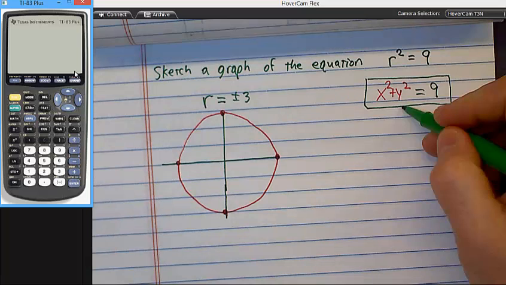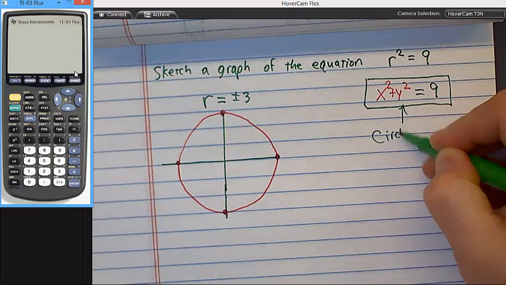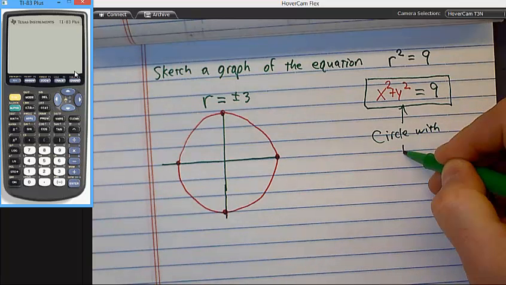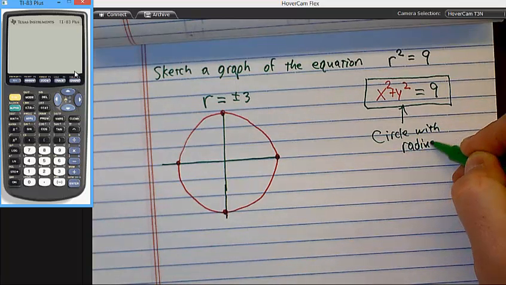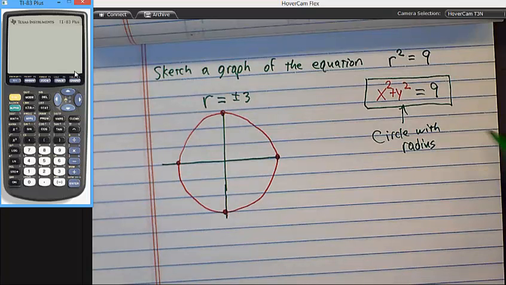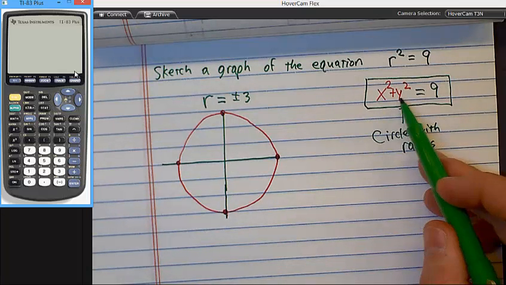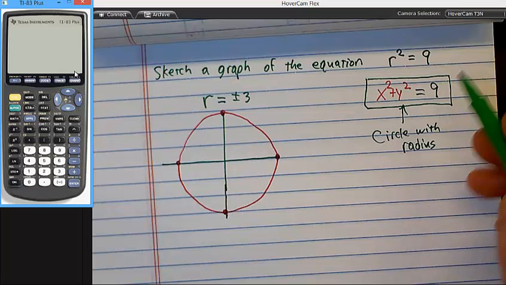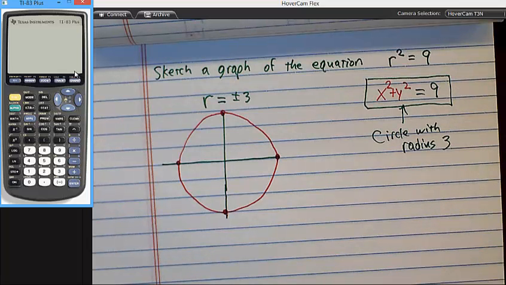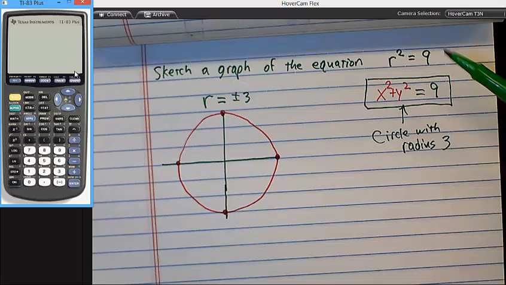That's the equation of a circle with radius, what? 1. Almost. Remember, it was x squared plus y squared is r squared. So what's the radius? 3. Okay? So it's kind of interesting. You can go back and forth from polar equations to rectangular equations as well. Okay? So that's something else we're going to do.